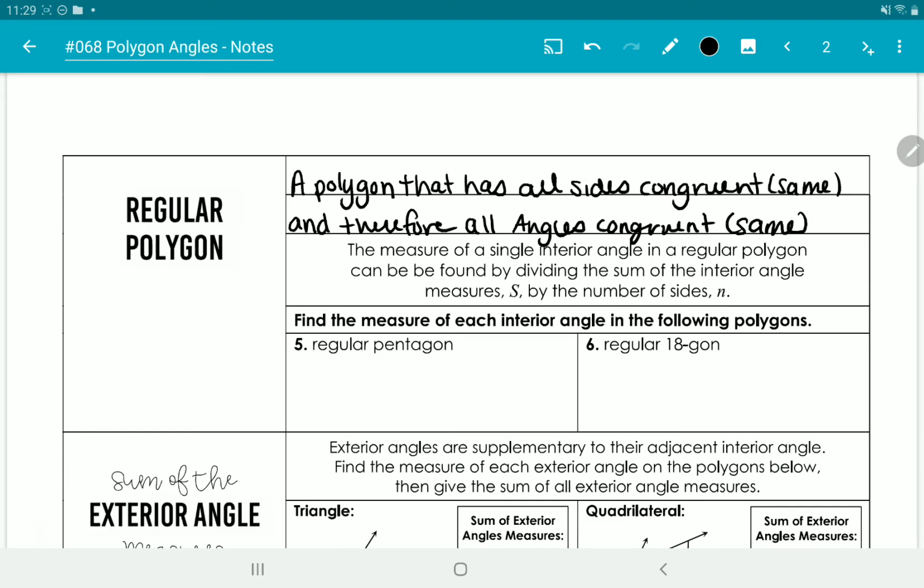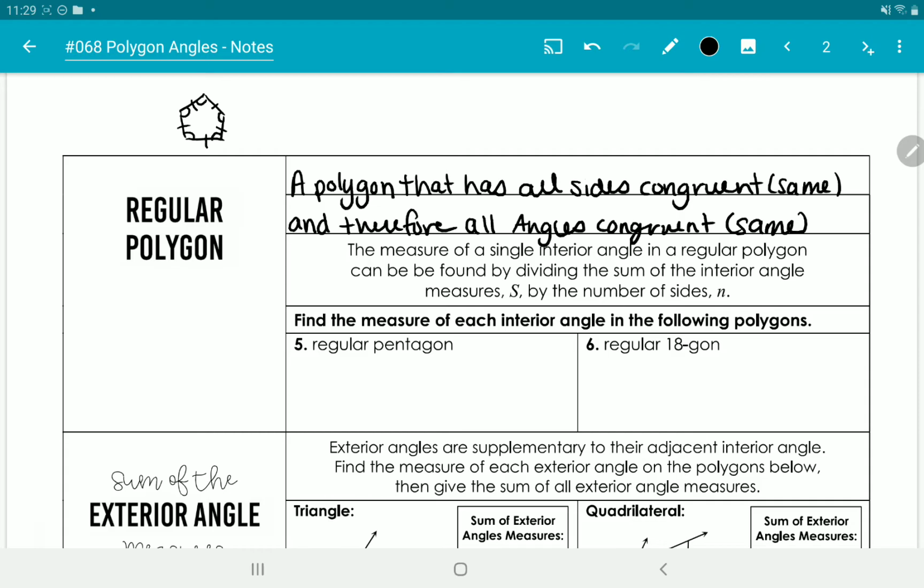So for example, if we have a pentagon, it'll end up looking like this. Not a very good picture, but all of these sides are the same, and all the angles are the same. So it's a regular polygon.